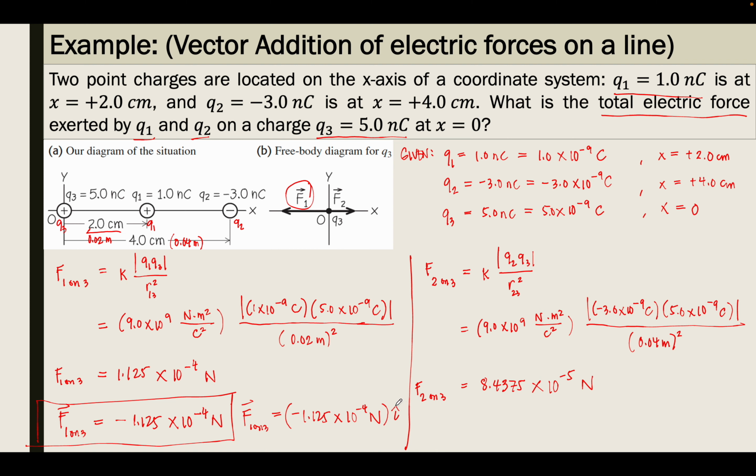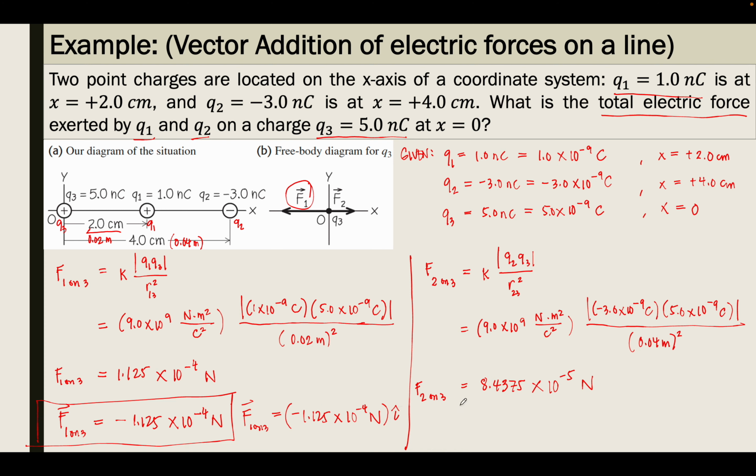If you can still remember, I hat is the unit vector for the x-axis. So it means it is negative 1.125 times 10 to the power of negative 4 along the x-axis. So this is again the unit vector for the x-axis.